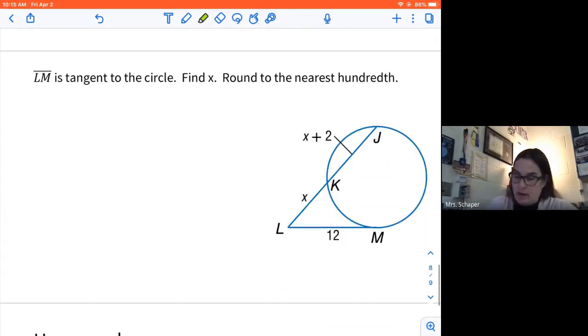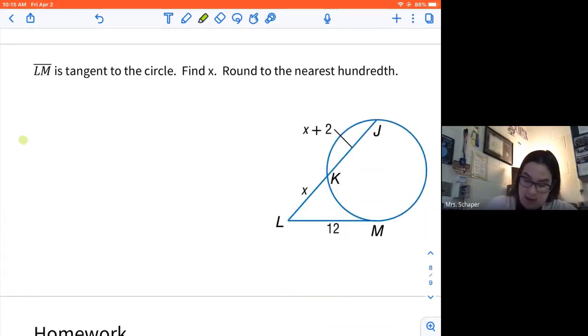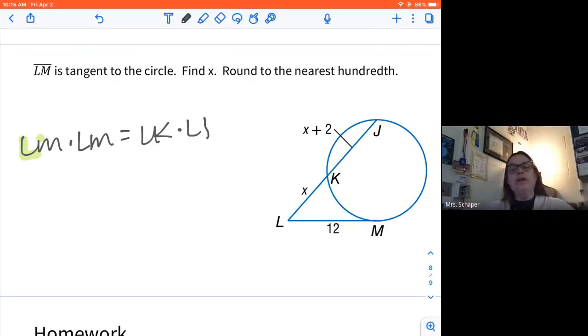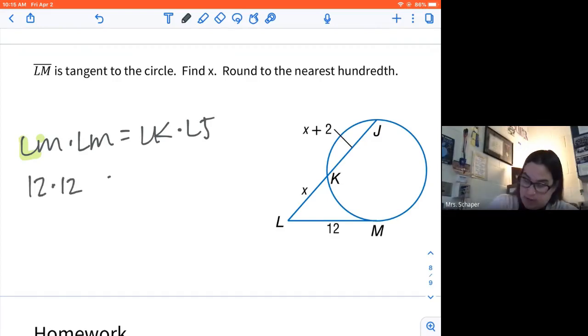So here we go. We can say that LM times LM is equal to LK times LJ. And then we can go ahead and fill in our values. I think sometimes that helps us keep this organized a little bit better.